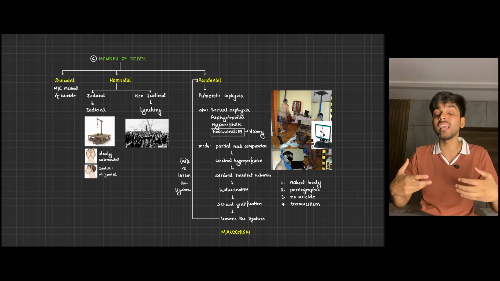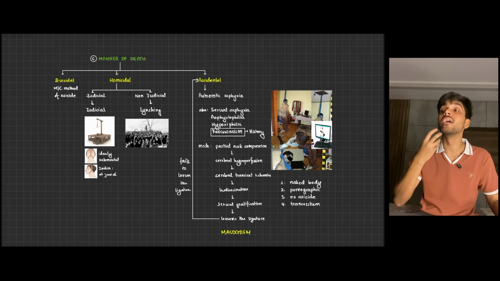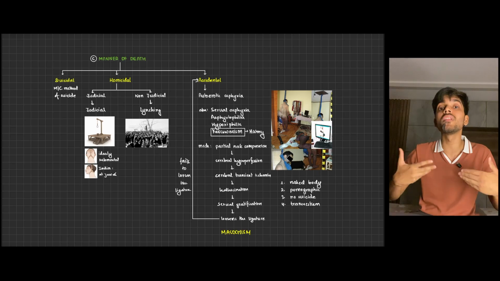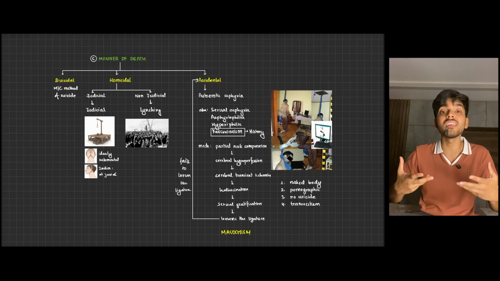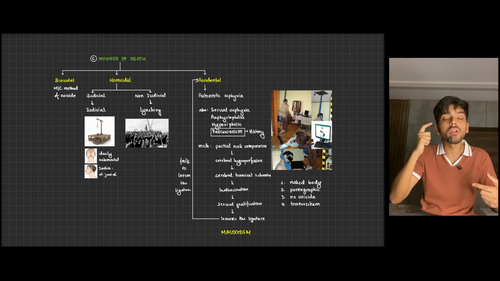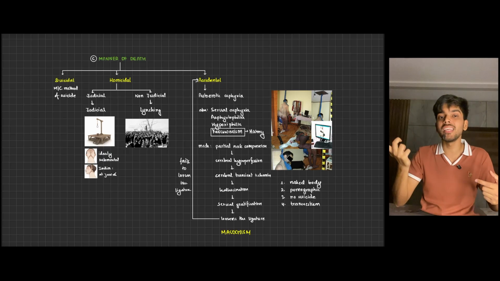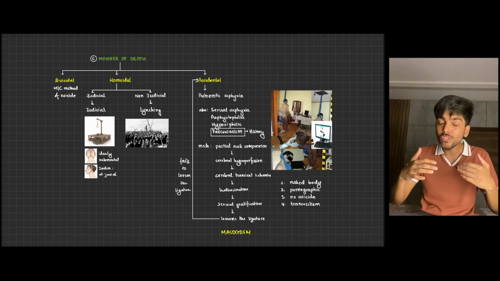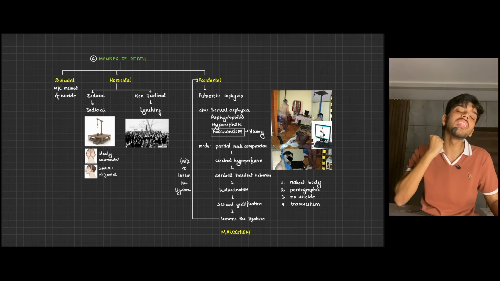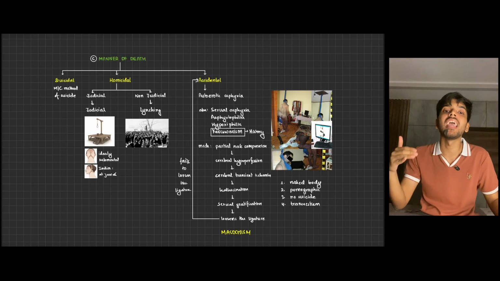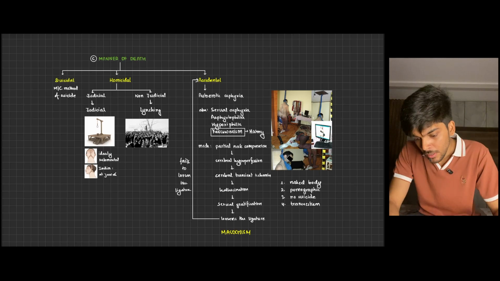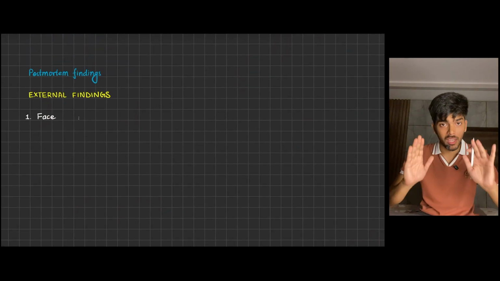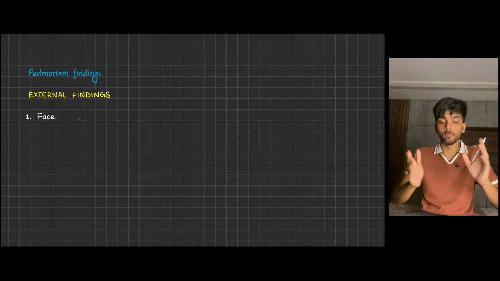In autoerotic asphyxia, the person asphyxiates himself in order to gain sexual gratification or sexual pleasure from cerebral hypoperfusion, from cerebral transient ischemia. But while doing so, sometimes eventually he fails to loosen the ligature and ends up hanging and killing himself.